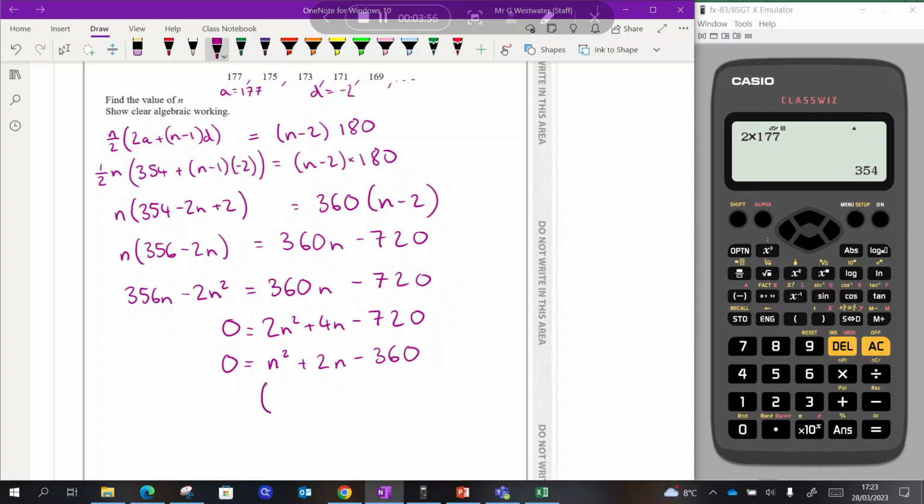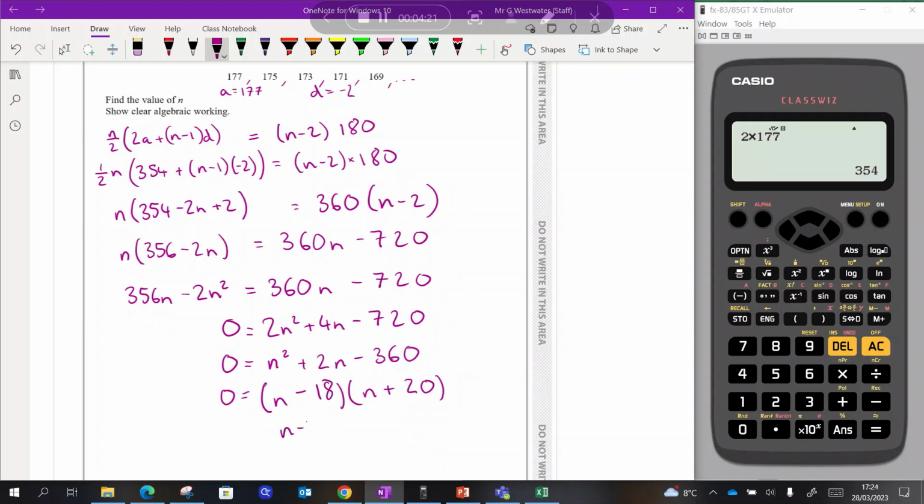So I'm looking for 2 things that factorize. One will be positive, one will be negative, which multiply to 360, but then when I add them together they make 2, so they have a difference of 2. And if I think about this for a little while, 18 times 20 will have that gap of 2. I want it to be plus 2, so this will be plus 20 minus 18.